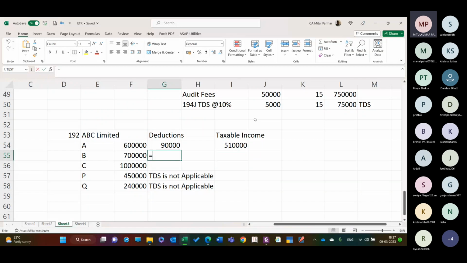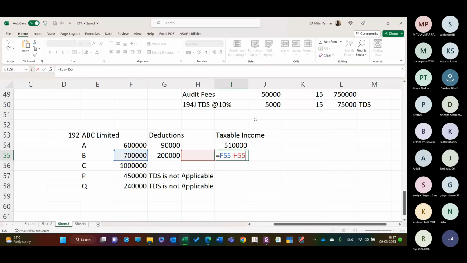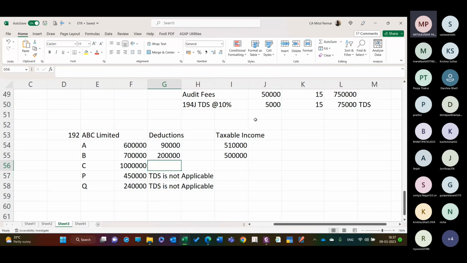Now in case of B, he is claiming the standard deduction of 50,000 plus an 80C deduction of up to 1.5 lakh, so his deduction is 2 lakhs, and his taxable income follows from that. C is also claiming the standard deduction of 50,000 and 1.5 lakh of 80C, and he also has deductions of 15,000 under 80D.